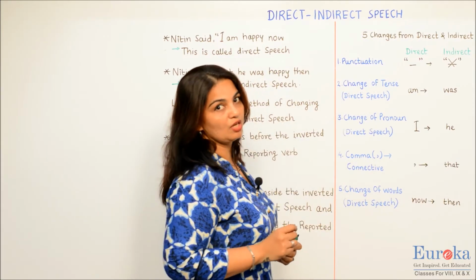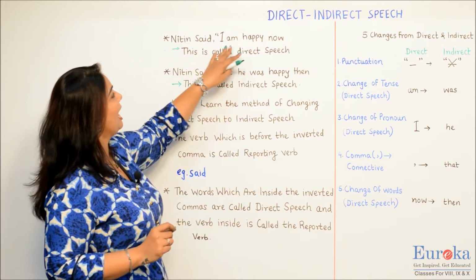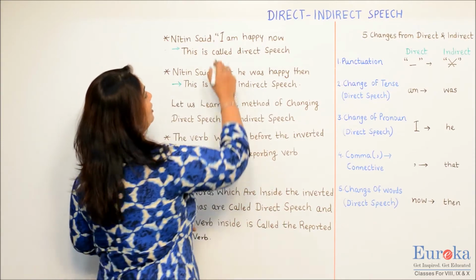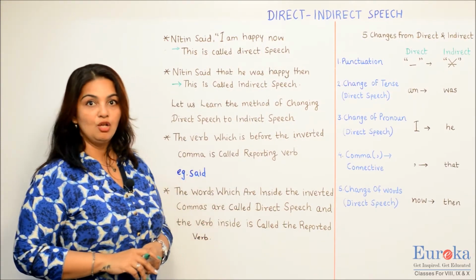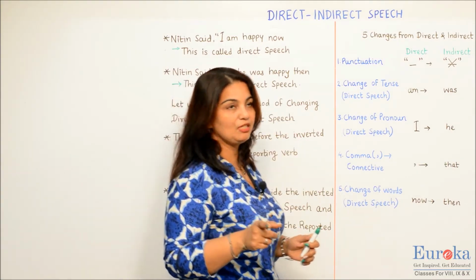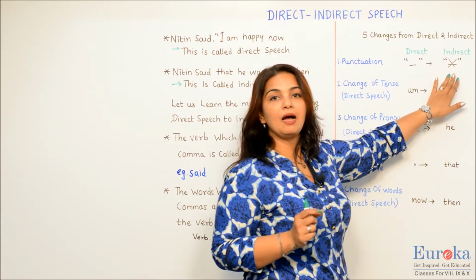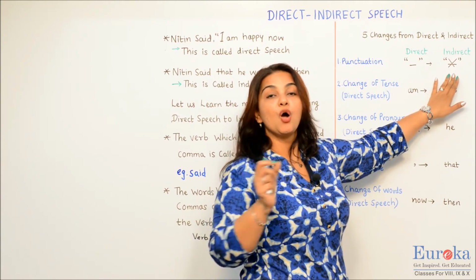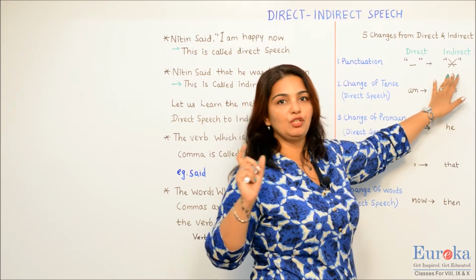So let's see which are those punctuation marks in this example. Nitin said, "I am happy now." The inverted commas are your punctuation marks. So when you convert it from a direct speech into an indirect speech, students, we have to remove them. It becomes a simple statement without any punctuation marks except for the full stop.